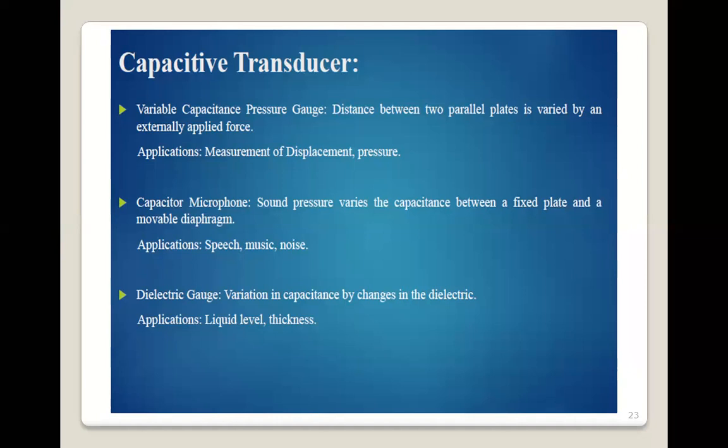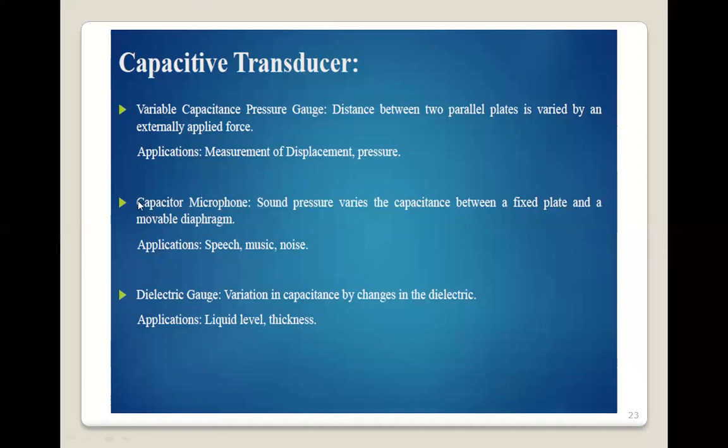That means using this principle, you can measure the displacement between the two plates, or the applied pressure. The pressure is inversely proportional to the capacitance of the capacitor.